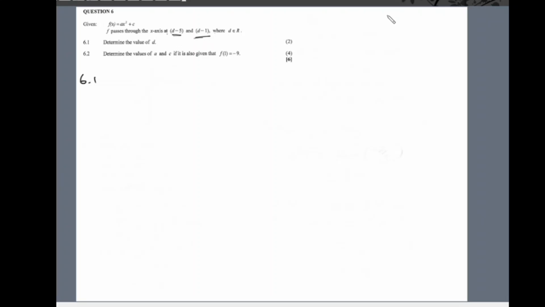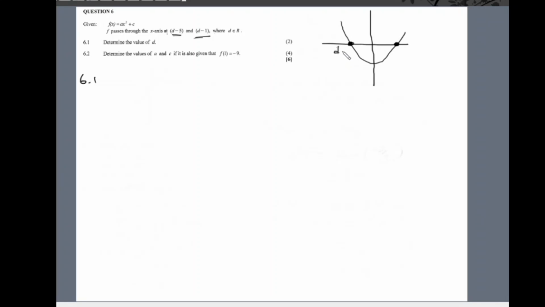So we know our graph will have this shape or that shape depending on the value of a, right? But let us say it has this positive shape. The graph passes through the x-axis here, and it also passes through the x-axis there. These will correspond to the values of d.